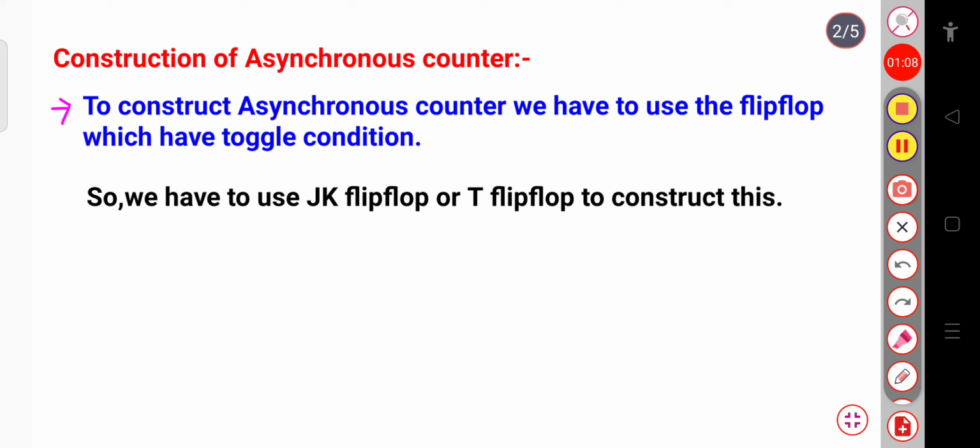Here you can see, we have to use either the JK flip-flop or the T flip-flop to construct this, because the JK flip-flop, or the T, which means toggle flip-flop, will work on the toggle condition. That's why we can use the JK flip-flop or the T flip-flop to construct an asynchronous counter.